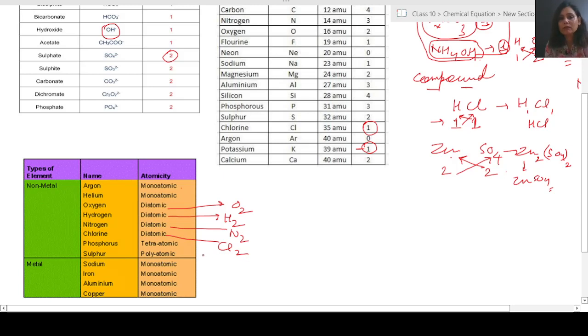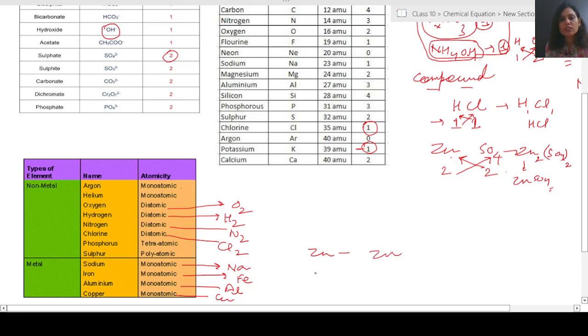Sulfur is polyatomic, that is, more than one type of atomicity is seen in the case of sulfur. Now coming to the monoatomic, sodium means you will write only Na, mono means it occurs as a single atom, iron occurs as Fe, aluminium occurs as Al, copper occurs as Cu, zinc always occurs as monoatomic, so you write Zn in a chemical reaction.